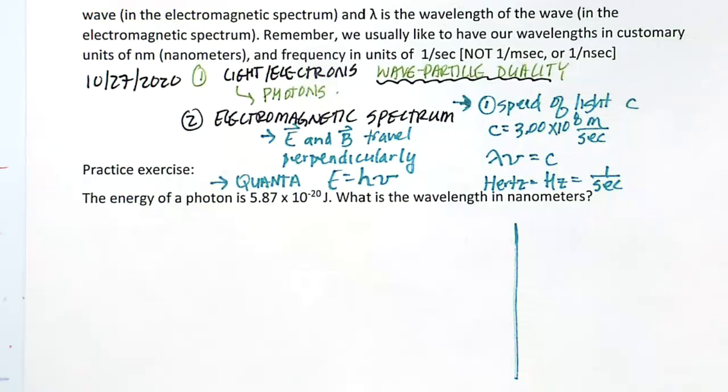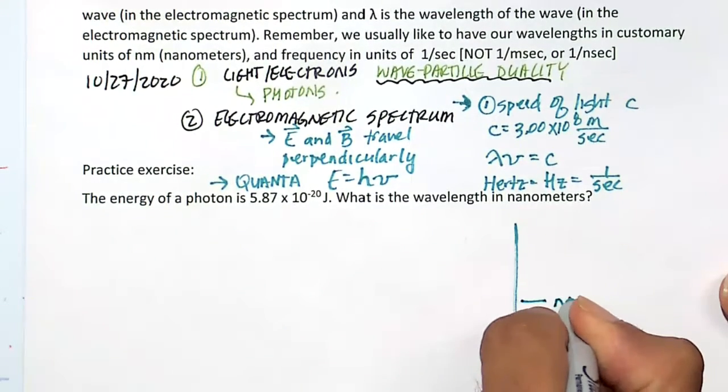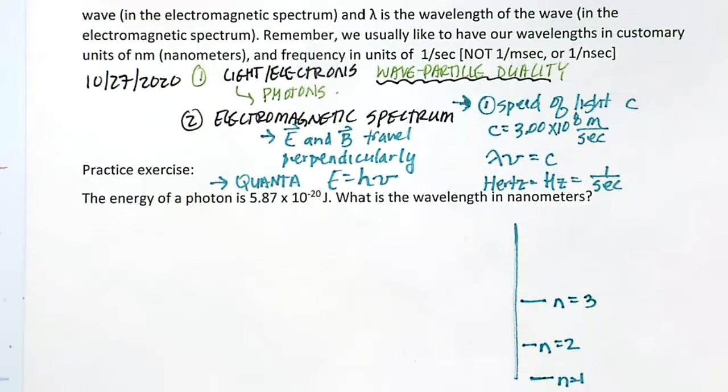So in a video game, there's levels, right? Level 1, level 2, level 3. We're going to call that level 1 here. This is within the atom. So we'll have energy level 1, energy level 2, energy level 3. On the y-axis here, there's energy.